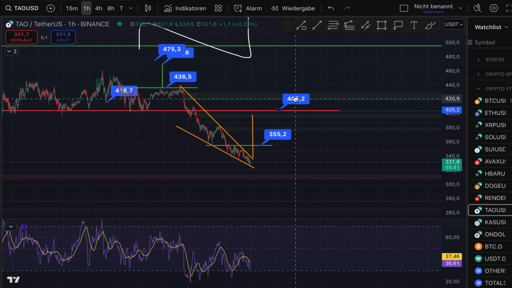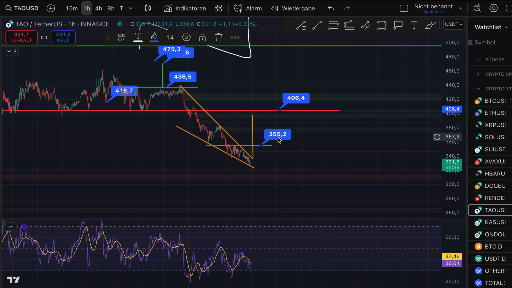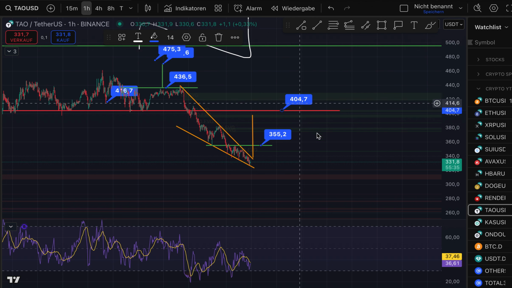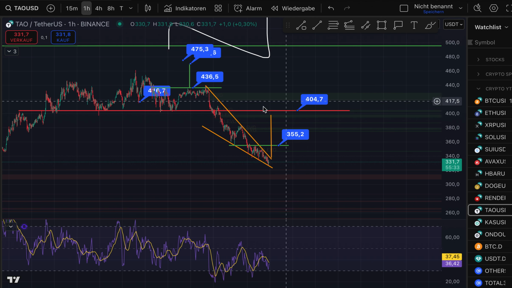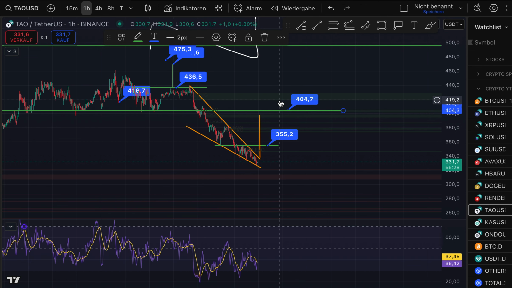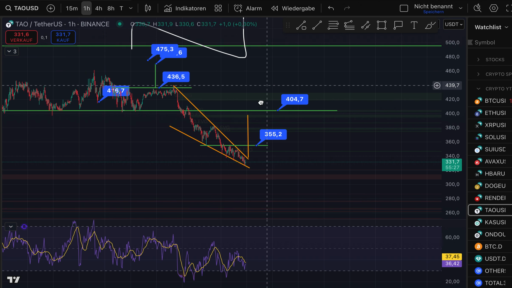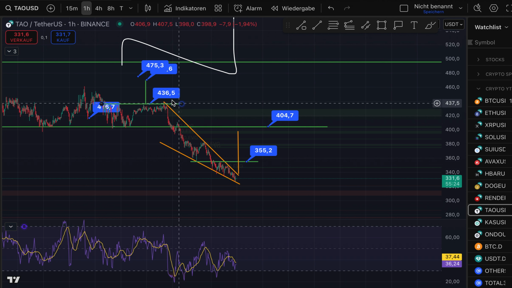I can expect that once we break the $355 US to the upside, that we should get into the area $405 US for TAO. If we also break it to the upside, then I will make this one green. Then I think we have some good chances getting into $436 US.